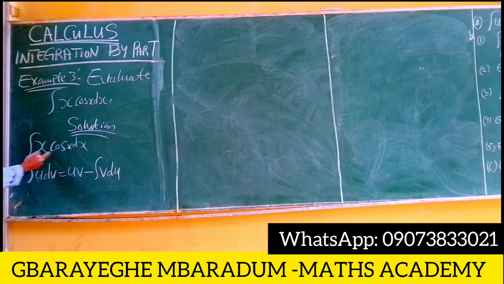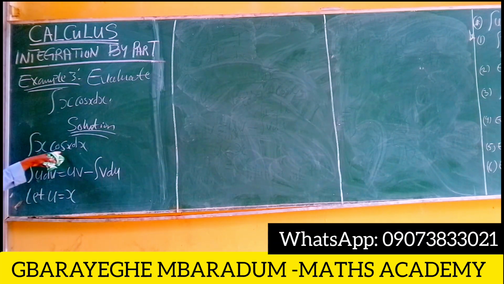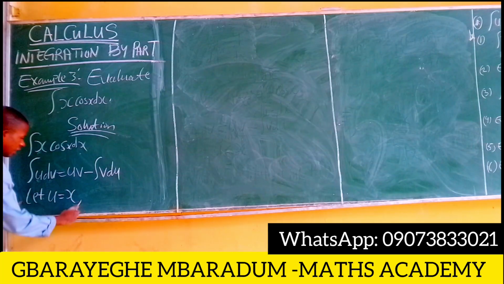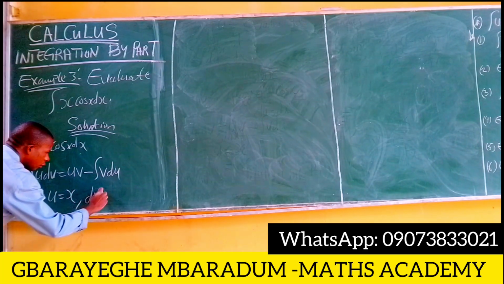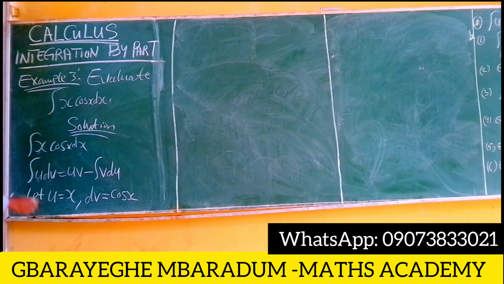So if you look at this question, you know that x is easily differentiated. So we say let u be equal to x. Now our cos x becomes our dv, the function that is going to be integrated, which is cos x.